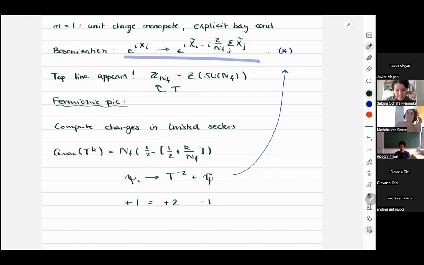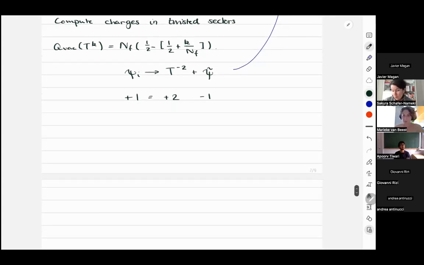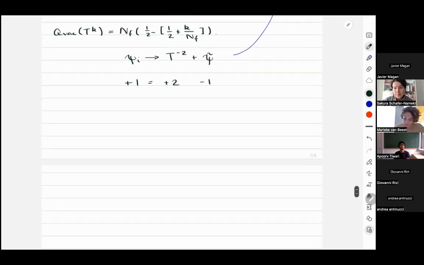Okay, so finally, the punchline, the uplift to 4D, and the higher charge monopoles. So for higher charge monopoles, so we have m greater than 1.